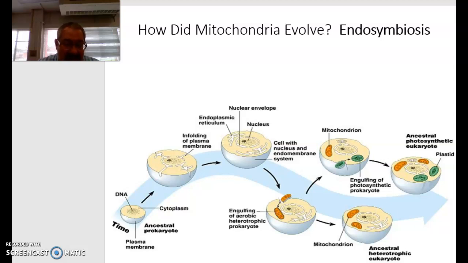This host cell did not digest the prokaryote, but instead maintained it within a membrane, the outer membrane of the mitochondrion, and this structure became a functioning organelle within the host cell.